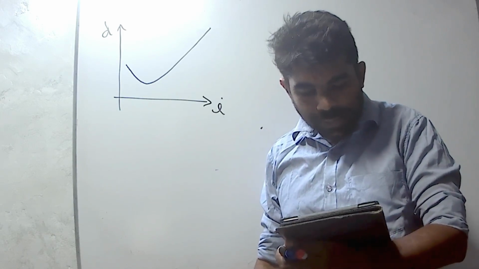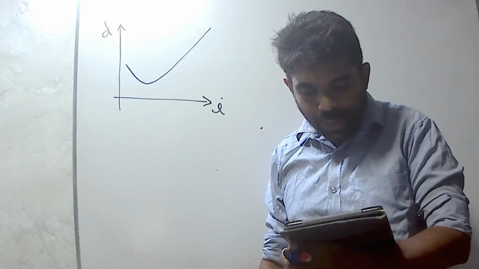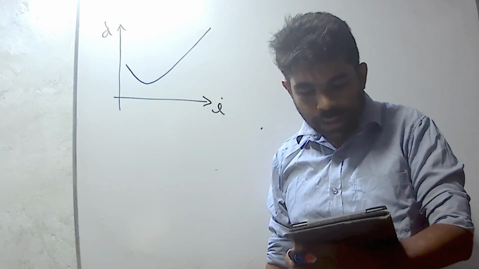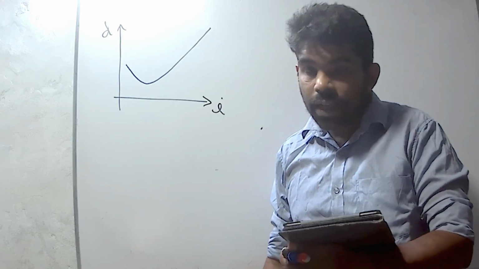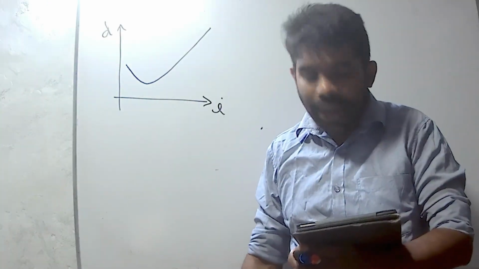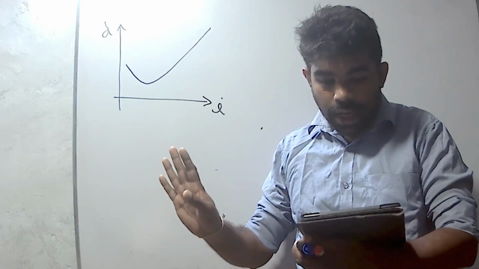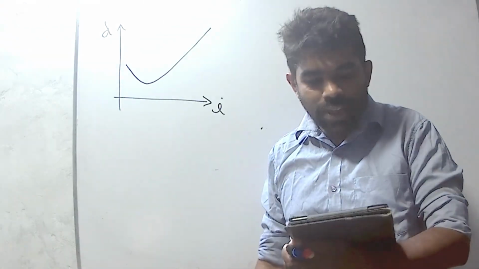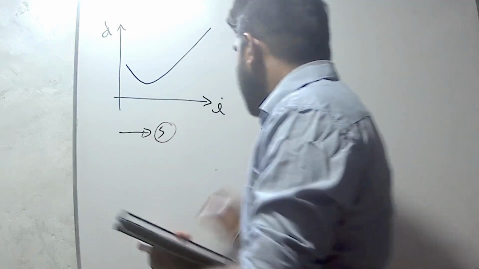Then fourth one, D has a minimum value and it is independent of the angle of prism. Yes, D has a minimum value, but it is dependent on the angle of the prism, not independent. Then the answer is 5 for the question number.